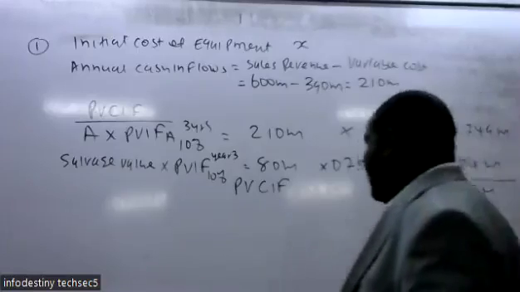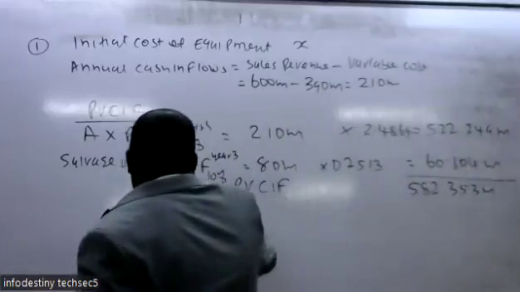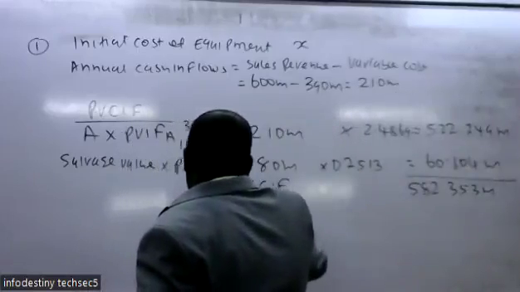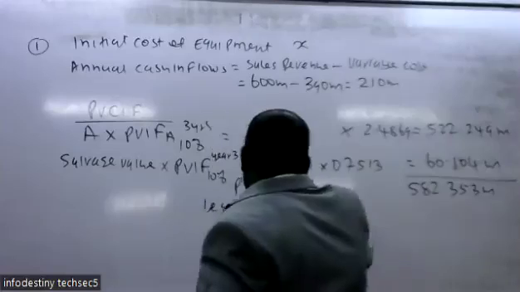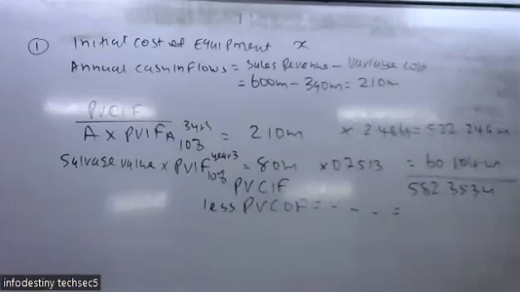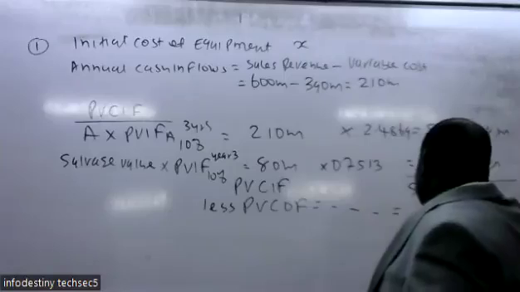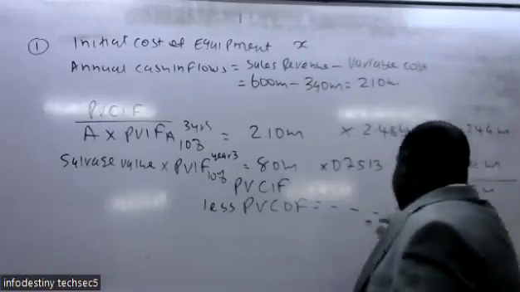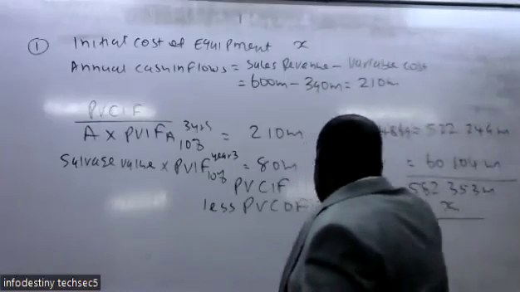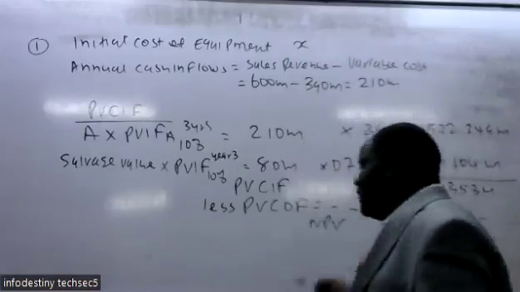Then we are supposed to less present value for the cash outflow, which is now the initial cost of the product. But it's the one we are analyzing, isn't it? Yes. We make it X so that NPV becomes 0.